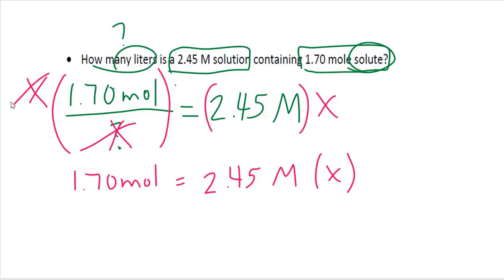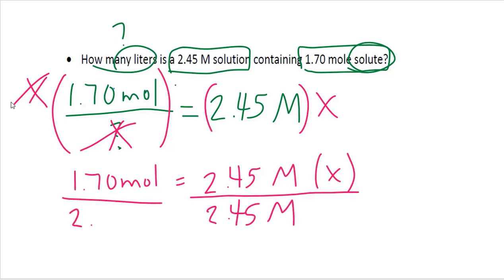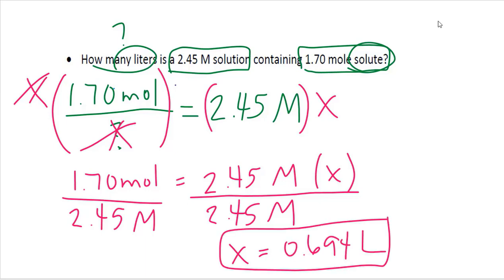Now to solve for X, I just got to get rid of what it's attached to. So I'm going to divide both sides now by 2.45 M. And that will help me solve for my liters, which should give me 0.694 liters.